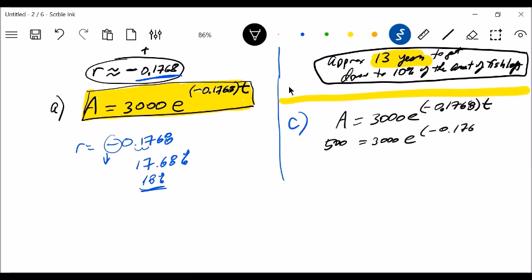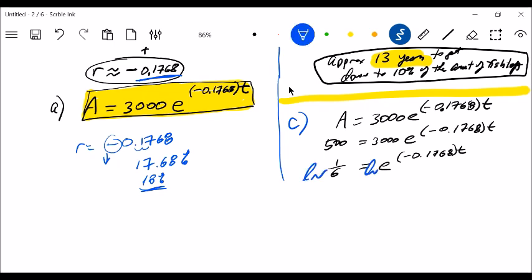So if we divide both sides by 3,000, we get 1/6. Keep it that way for a moment in order to not have to round and lose numbers. So we're going to do the same natural log on both sides.